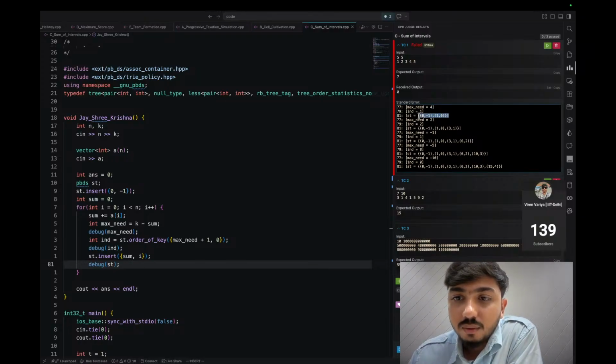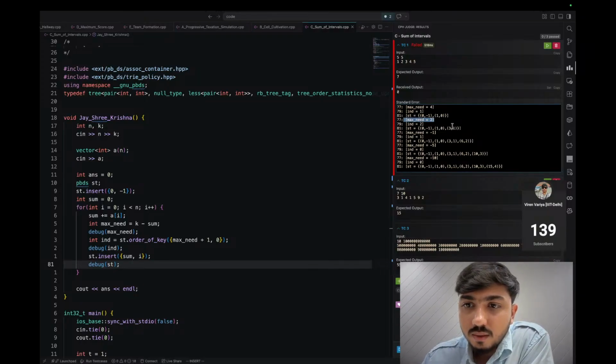Max need is 4, we are having 2 elements. Max need is 2, we are still having 3 elements. Max need is -1.